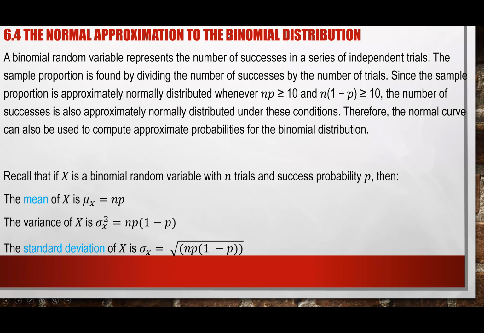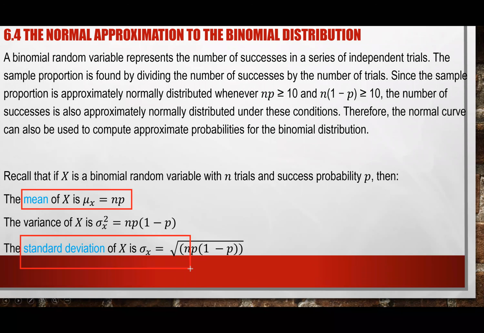If you remember in chapter 6.1 and 6.2, I mentioned that in order to do the normal CDF or the inverse norm, you need to have two items: the mean and the standard deviation.